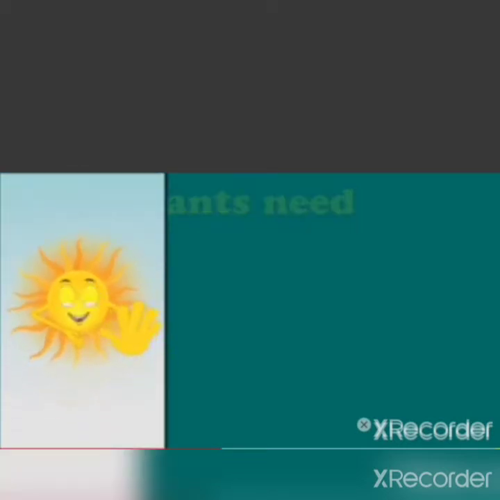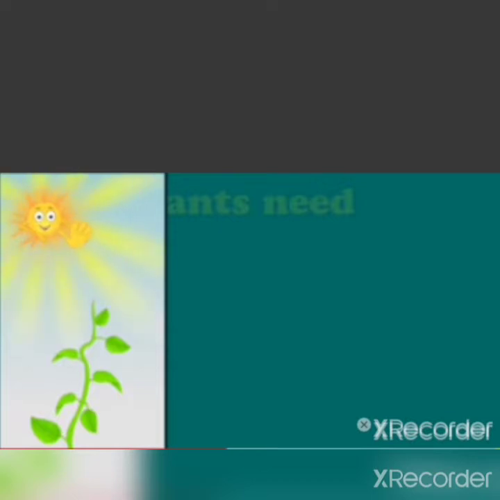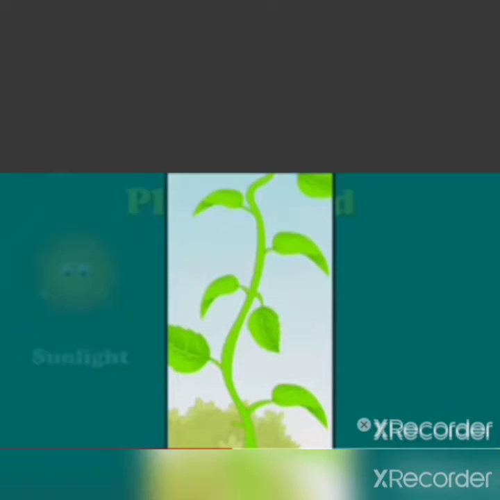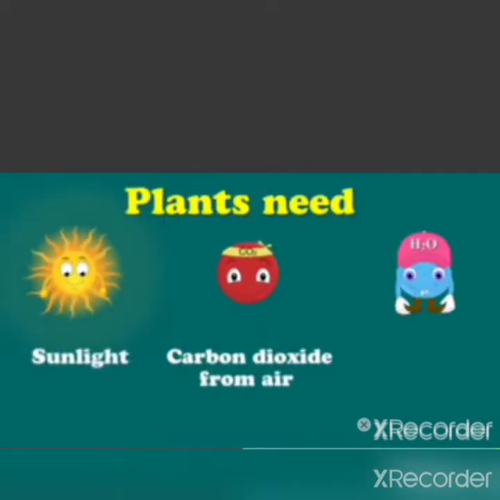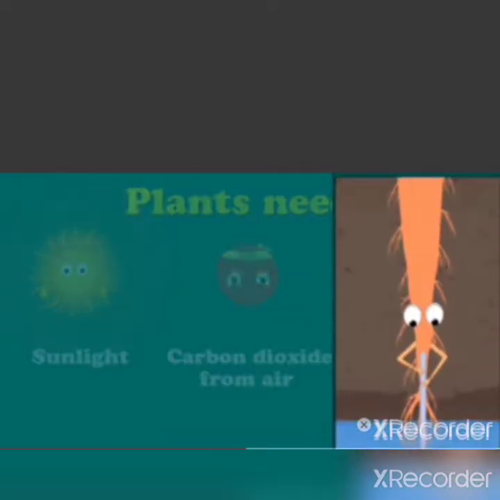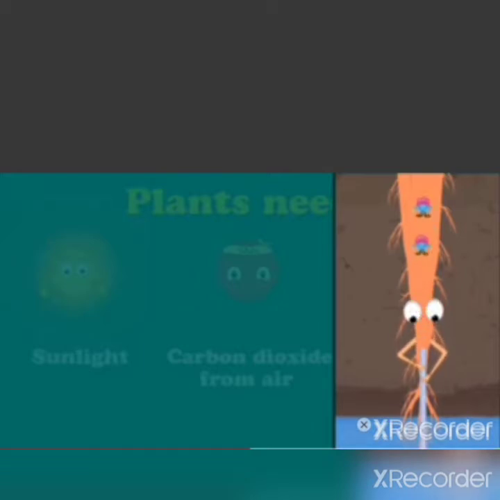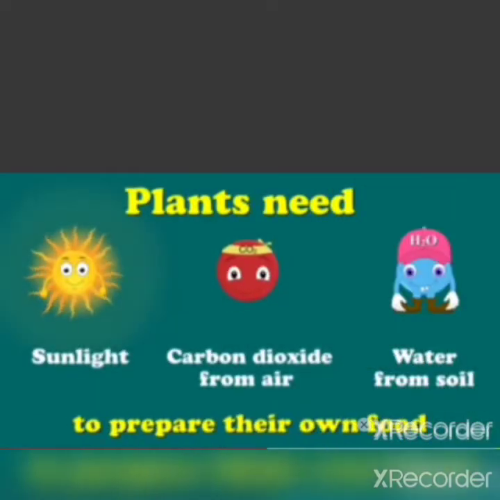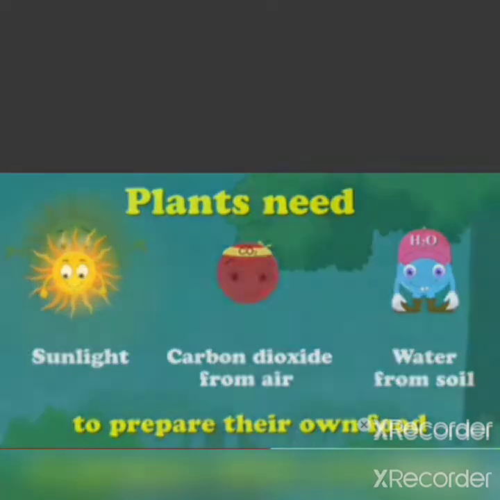Plants need sunlight, carbon dioxide from air, and water from soil to prepare their own food.